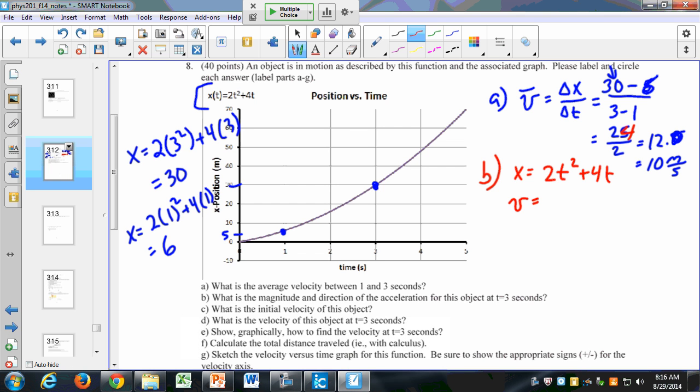So it's going to be 2 times 2, which is 4, times t to the 2 minus 1, which is just 1, plus 1 times 4, which is 4, times t to the 1 minus 1, which is t to the 0, or just 1. All right, so that's my velocity function. And then if I want to find the acceleration function, it's the derivative of that. It's just going to be 4. So my acceleration is positive 4 meters per second squared.